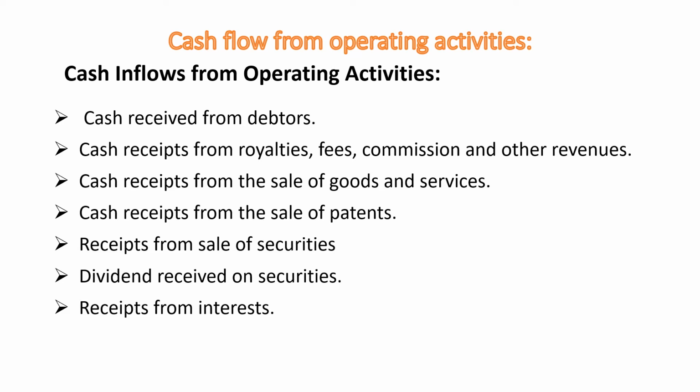First, we can know cash flow from operating activities. As we know, the preparation of cash flow statement involves three steps, that is, cash flow from operating activities, cash flow from financing activities, and cash flow from investing activities.